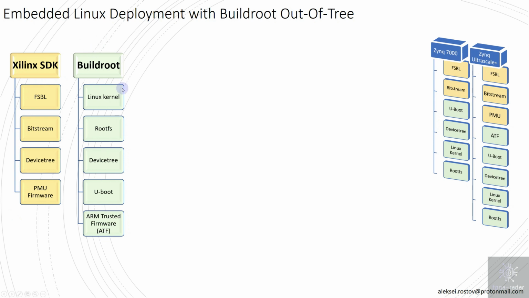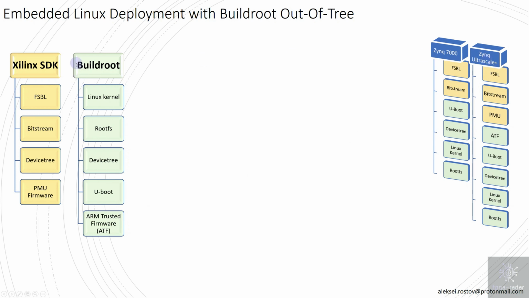Green is for Buildroot, and yellow is for Vitis and Xilinx SDK tools. By using Buildroot, the kernel, rootfs file system, device tree binary file, second stage bootloader, and ARM trusted firmware for Zynq UltraScale Plus can be generated.